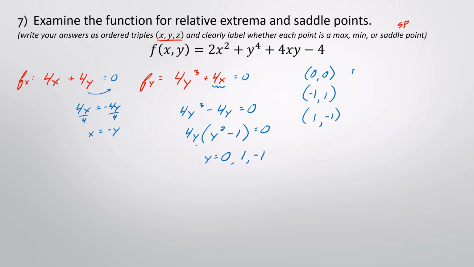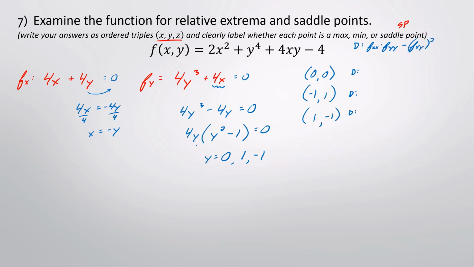I just need to now identify what are the d values. So this is going to be utilizing the d test, which, just as a quick reminder, the d value is going to be whatever the fxx function is at that point times whatever the fyy function is at that point, and then minus whatever the fxy function is squared.